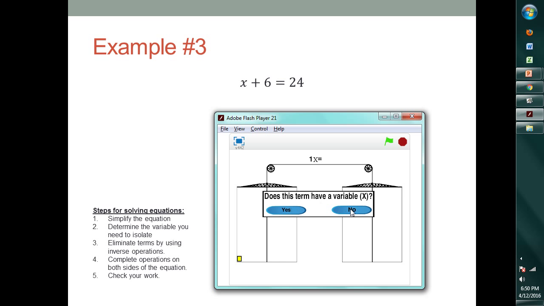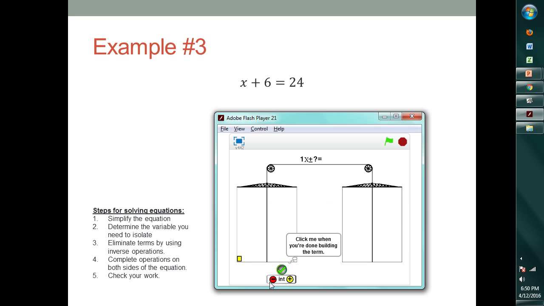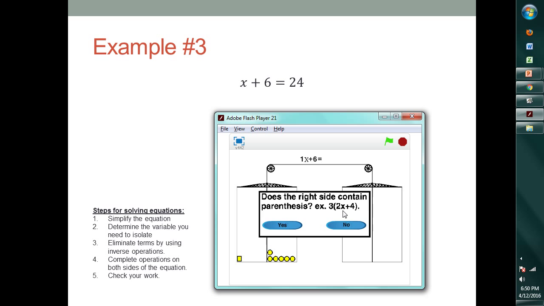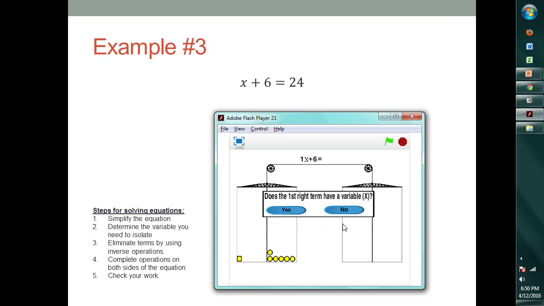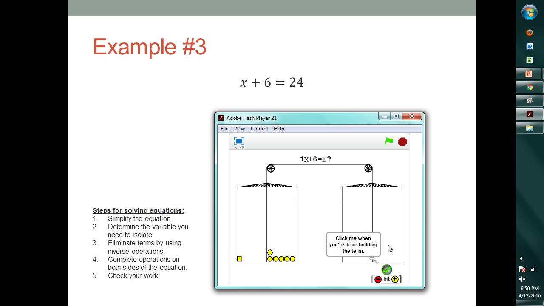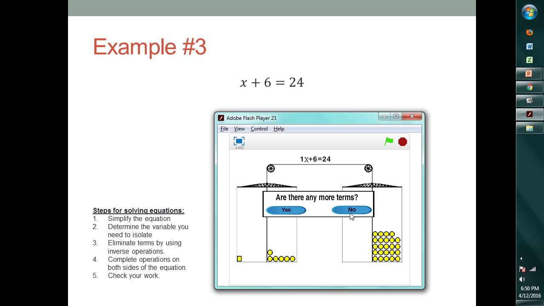More terms. Second term doesn't have a variable. I have 6. No more terms on my left, no parentheses on my right, no division on my right, and no variable. Get my equation to match up, no more terms, and I can start working.